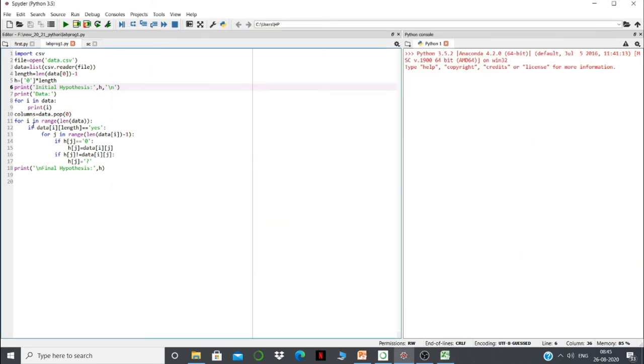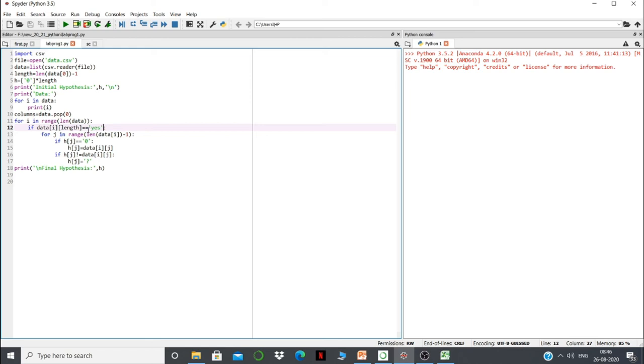Now the next step is what we are finding out. First, take the data of i ranging over the length of data. Obviously it starts from the zeroth value. So we take the first data and check whether the target is yes or not.